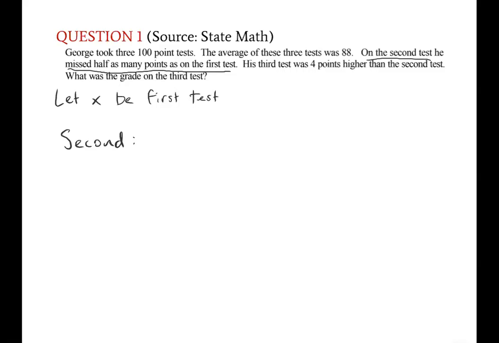So to find what he got on the second test, first we subtract his grade on the first test from 100 and divide that by 2 to get how many he got wrong. And then we have to add x to it.